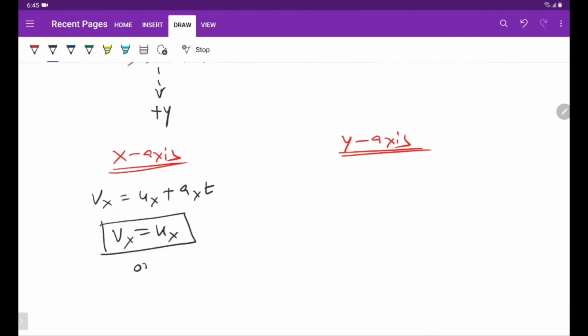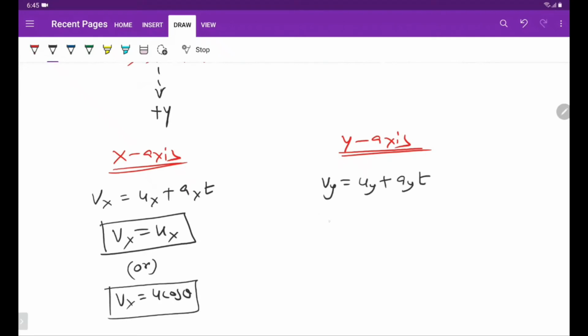So Vx is equal to U cos theta. Next, along the y-axis, Vy equals Uy plus Ay into T. Here Ay is plus g and Uy is U sin theta, so Vy is U sin theta plus gt. This is the vertical velocity.